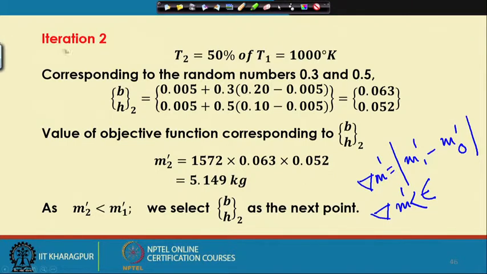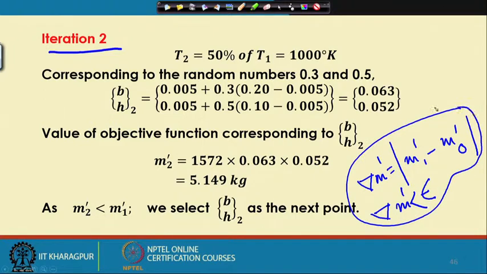So, now I am just going to start with the second iteration, and in the second iteration this T2 is nothing but 50% of T1, that is 1000 degree Kelvin. Before I proceed with the iteration, this checking has to be done whether I should go for the second iteration or not.